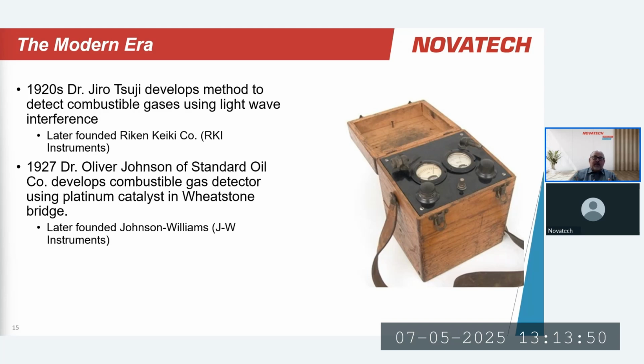And almost concurrently, the Standard Oil Company, which later became Exxon, one of the researchers there had developed what eventually became known as the catalytic bead detector. And we'll talk about these technologies in a few minutes, but these are technologies that continue to exist today, of course refined and updated, but we still use these for gas detection purposes today.